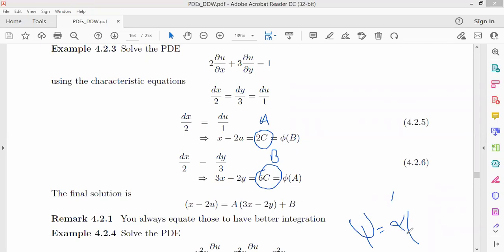Then we write alpha as a function of the 2 independent variables. That is, alpha must be in terms of X and Y. So our alpha here is what we got when we dealt with the dx over 2, dy over 3, which was 3x minus 2y, which is this one here. So the A here is what I am calling the alpha, then plus beta.